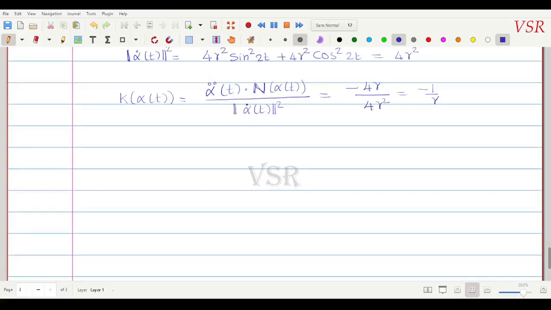Okay, so the curvature of the circle at any point is minus 1 by r.